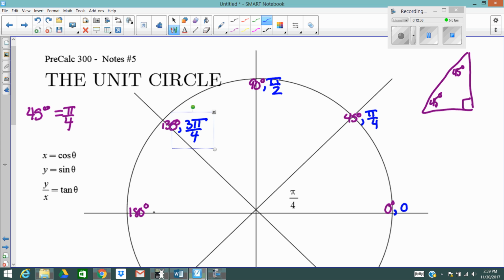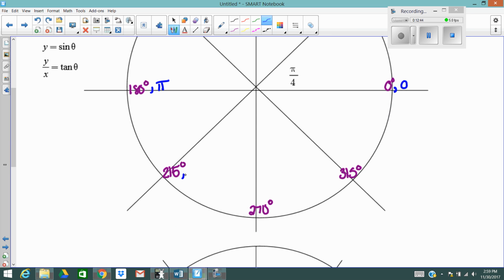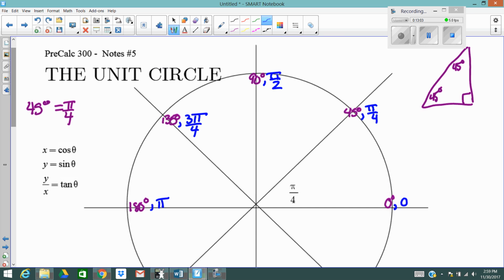I get 4 pi over 4, which is pi. 5 pi over 4. 6 pi over 4, which is 3 pi over 2. 7 pi over 4. And 8 pi over 4, which is back at 2 pi.